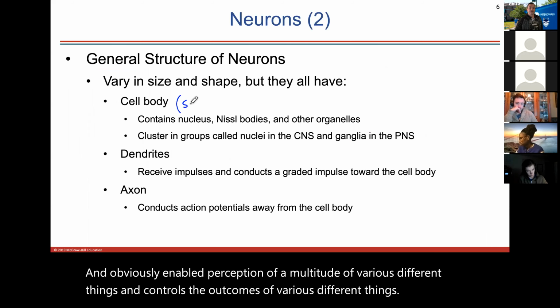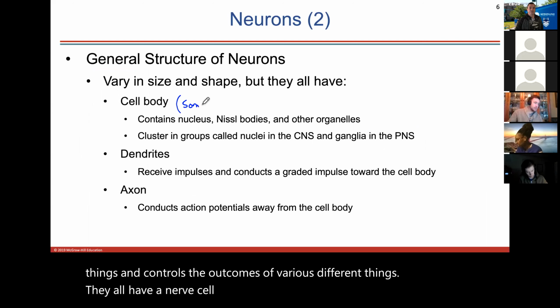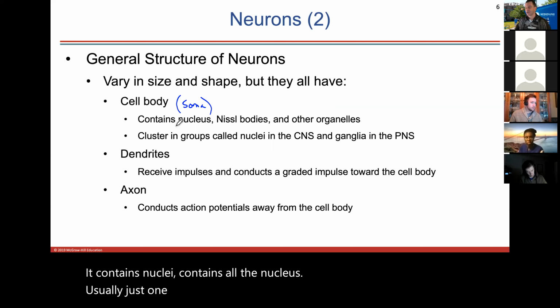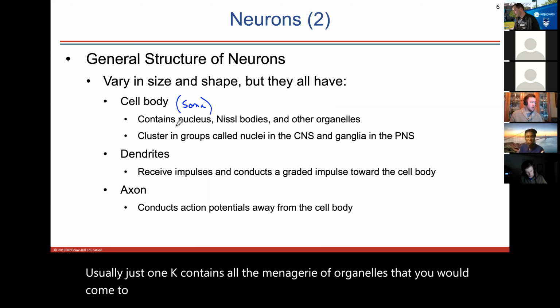They all have a nerve cell body. Again, sometimes that's referred to as soma. Okay. It contains a nucleus, usually just one. Okay. It contains all the menagerie of organelles that you would come to imagine with any type of cell. It also contains these Nissl bodies.